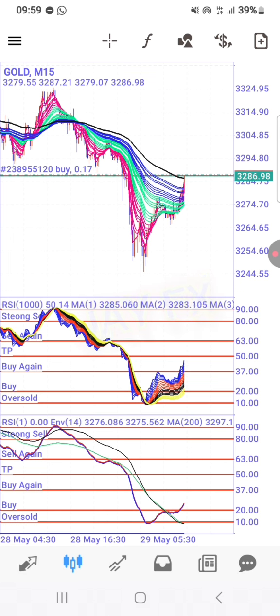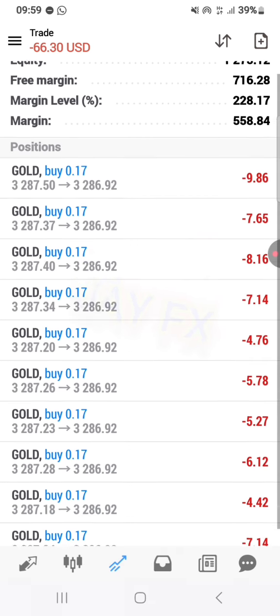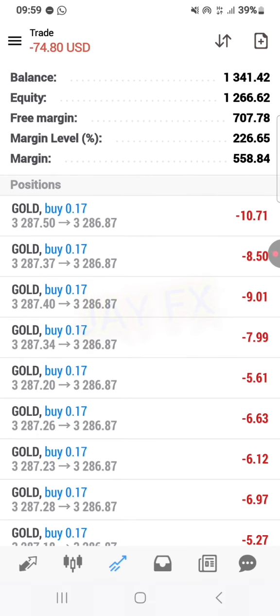I just wanted to show you how we can trade with a smaller time frame. I know we're going to make good cash no matter what, and then we will close our accounts and look for other entries.